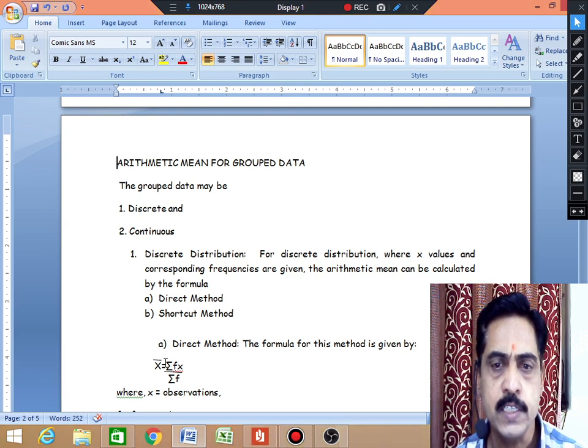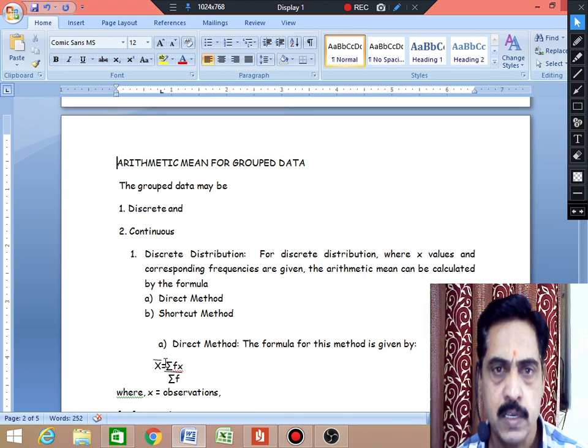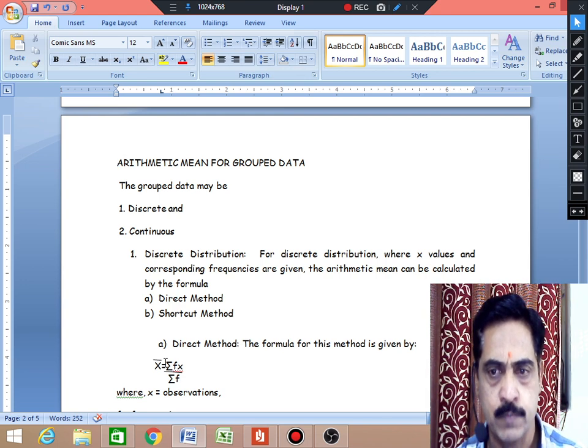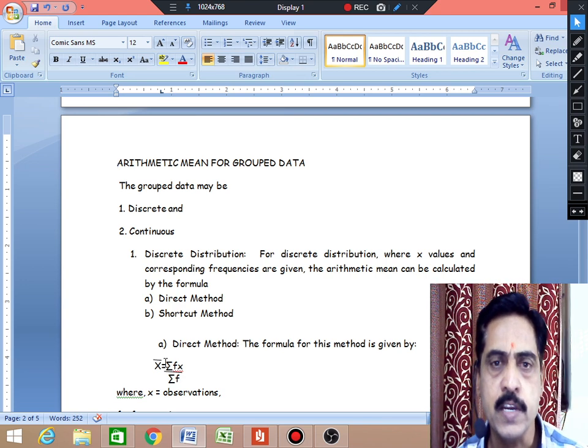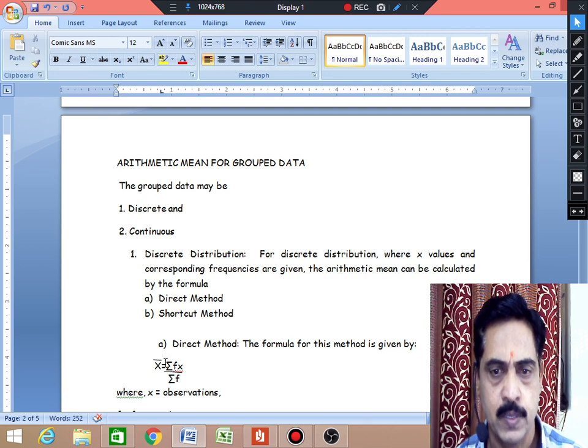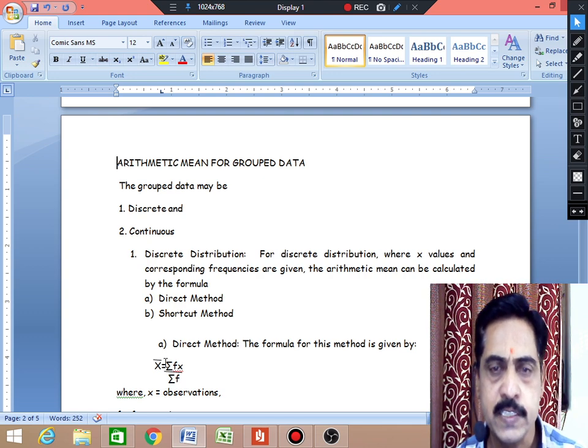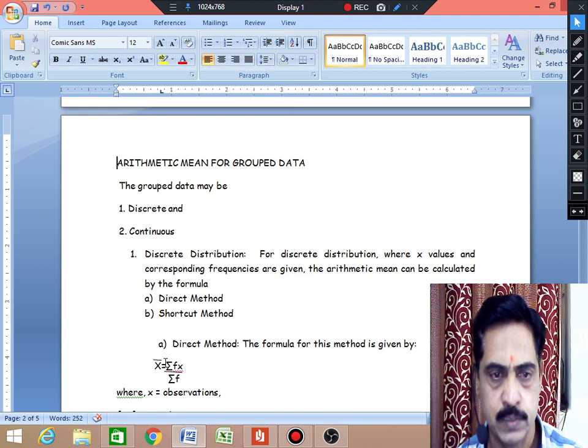In the discrete distribution, we are given the x values and corresponding frequencies. Now we have to find the arithmetic mean for this given discrete distribution.